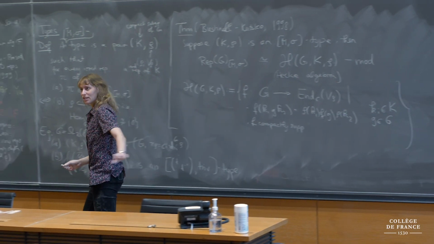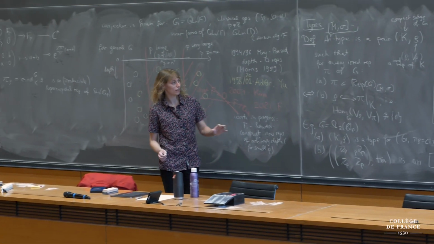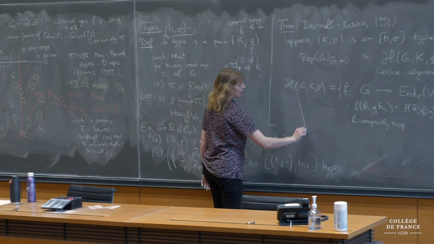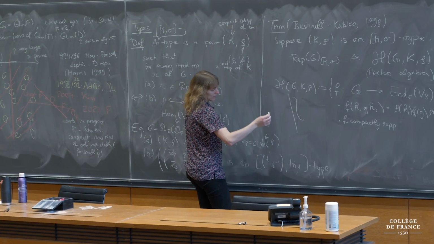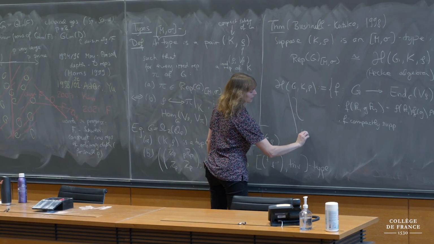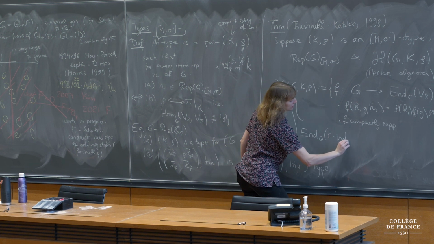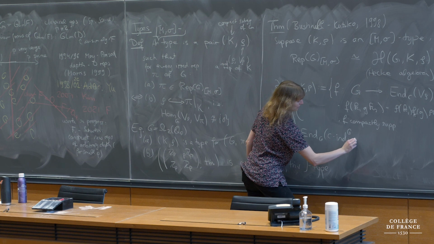So you see the definition is very similar to the definition of compact induction. And that's not a coincidence, because another way to define it is an equivalent definition. This is actually equivalent to just the G endomorphisms of the compact induction from K to G of this representation rho.